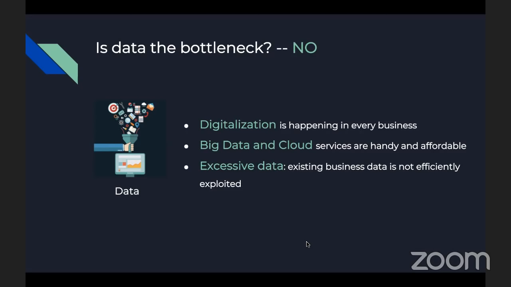You just pay an affordable amount and you can use a lot of cloud services to manage, store and compute your data. For most businesses, the current situation is the opposite of a data shortage, which means that we cannot efficiently exploit the data we have to make revenue. So that's why we think data is not the bottleneck.